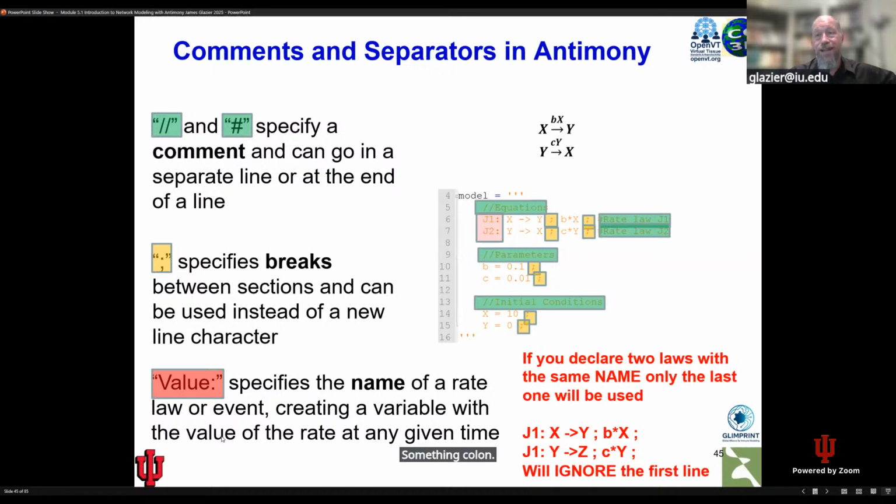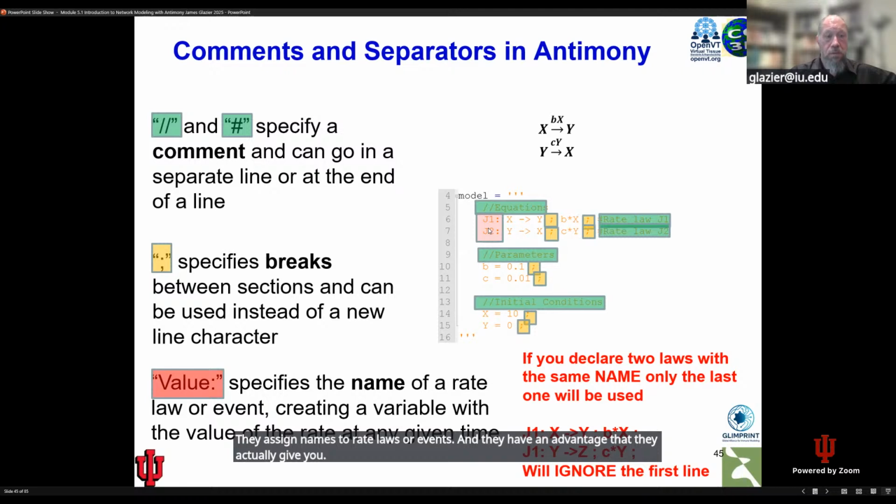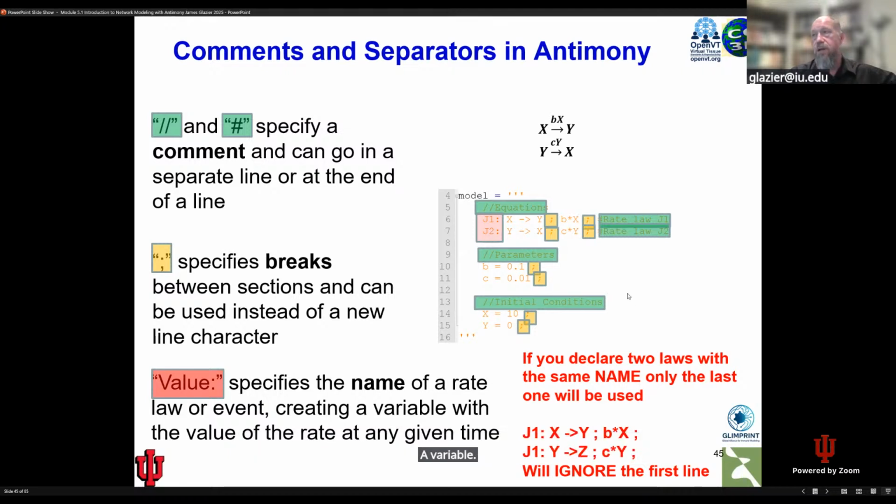Colons represent names. They assign names to rate laws or events. And they have an advantage that they actually give you a variable. This assignment creates a variable which will return the value of the rate law. So if I want to know what is b times x, J1 equals b times x.